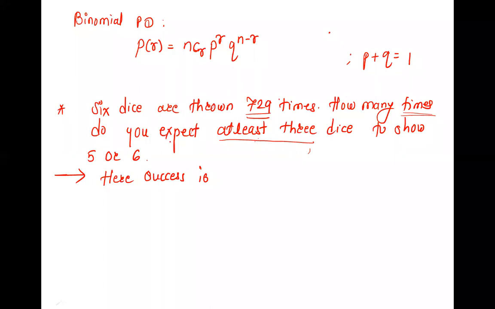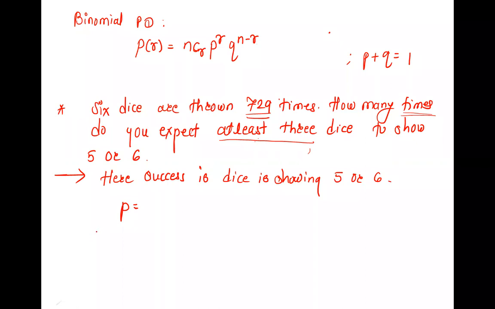How many times do you expect means some probability, and then frequency is asked. At least 3 is the condition, and dice to show 5 or 6 is the success. Then you have to define the probability of that success, that is small p.